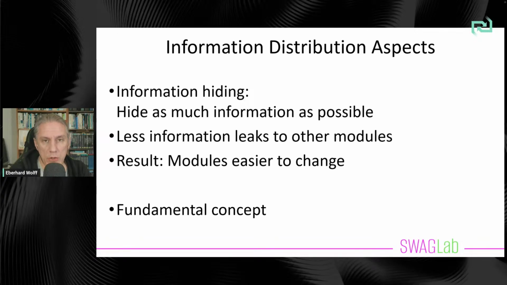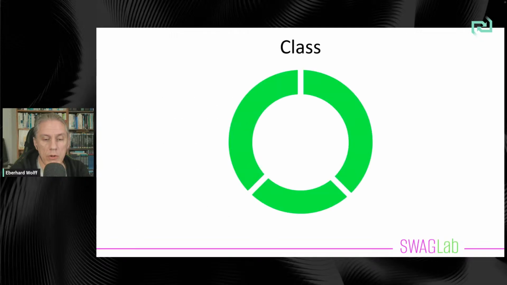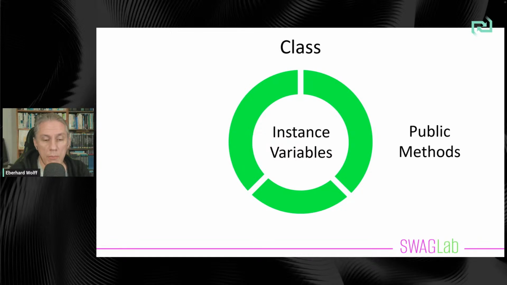This is a fundamental concept, and it's applicable on different levels in software architecture. So if you look at a class, it has instance variables on the inside. That's hidden information, like the balance of an account. And then there are the public methods, like tell me the amount that is on that bank account.